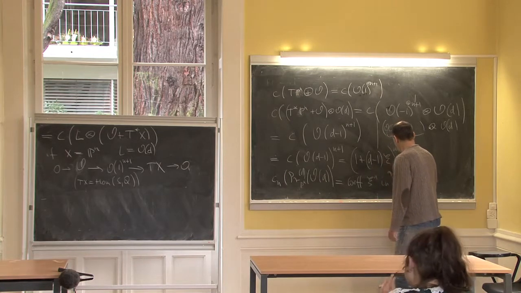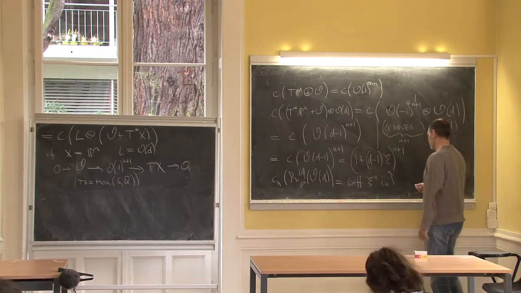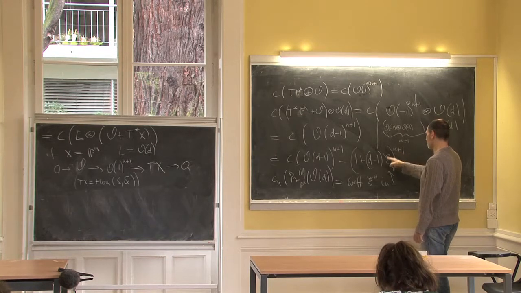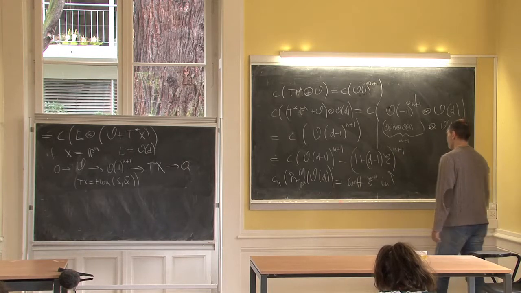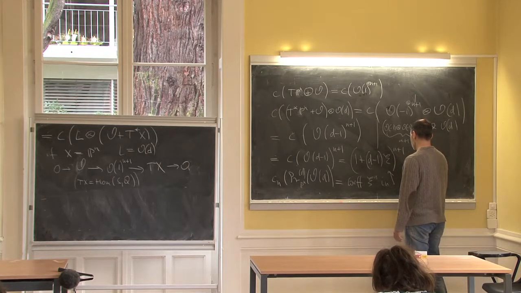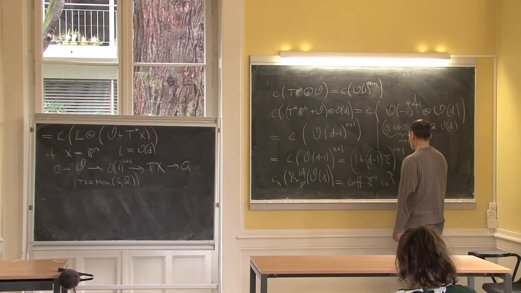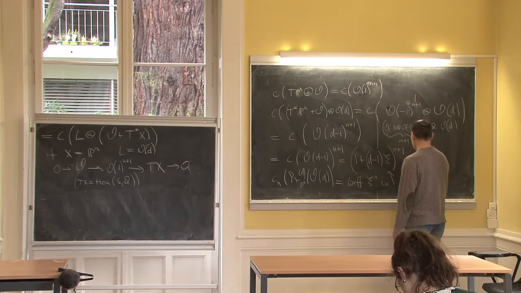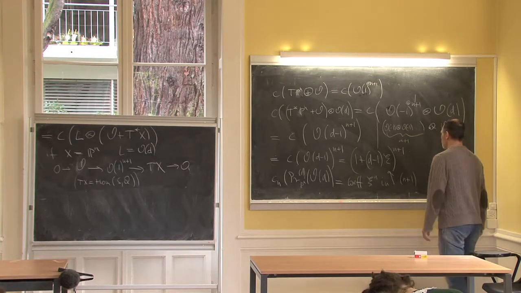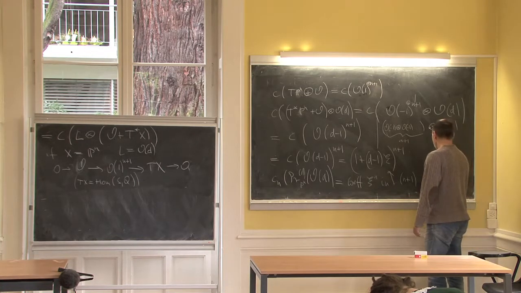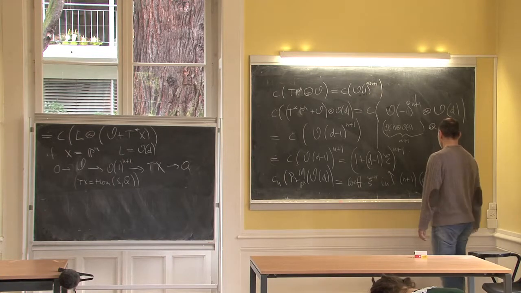And so if you calculate that, that just works out to be n plus 1 times (D minus 1) to the power n, or something like that.